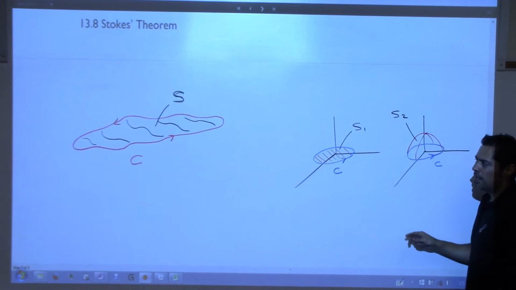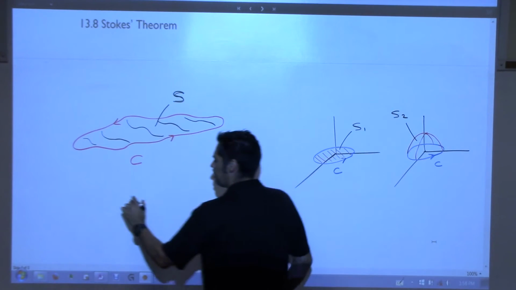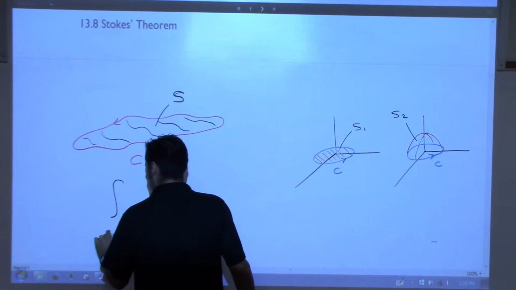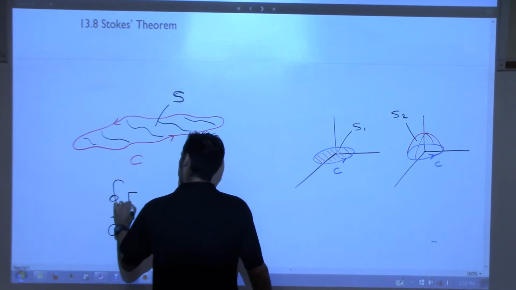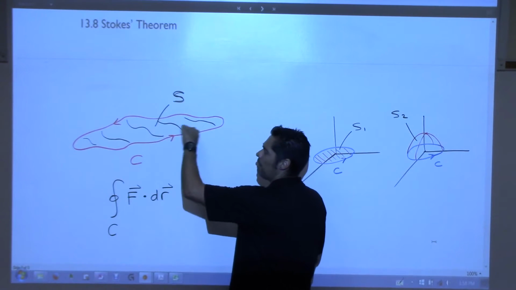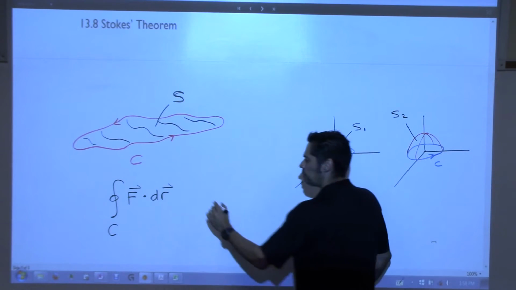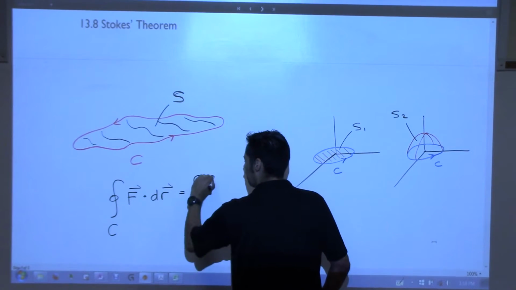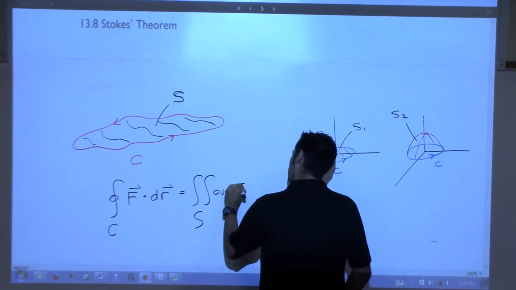Understand? Here's the kind of mind-blowing Stokes' theorem. Stokes' theorem says that if you want to know what this is, which is the line integral around this curve, then all you have to do is compute this surface integral.